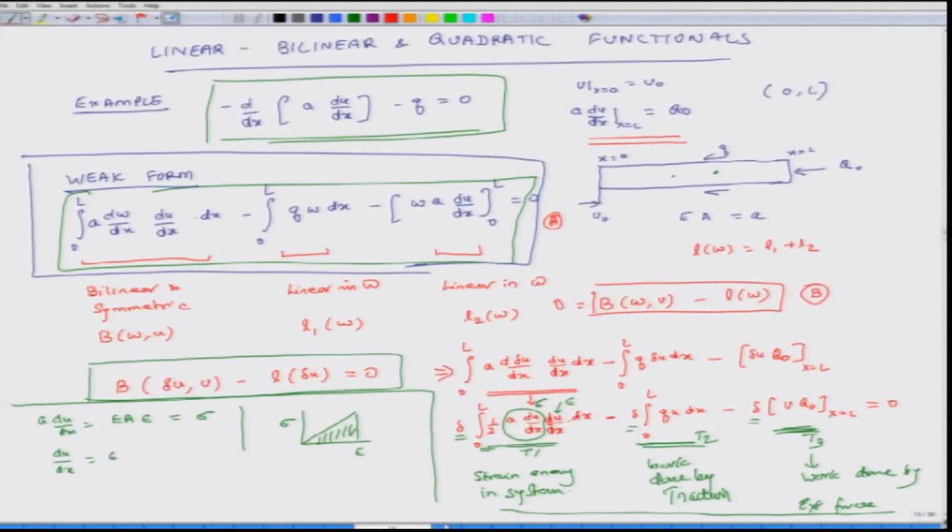So, if I move this to the right side, this will become a positive term. So, that is what we are going to calculate.